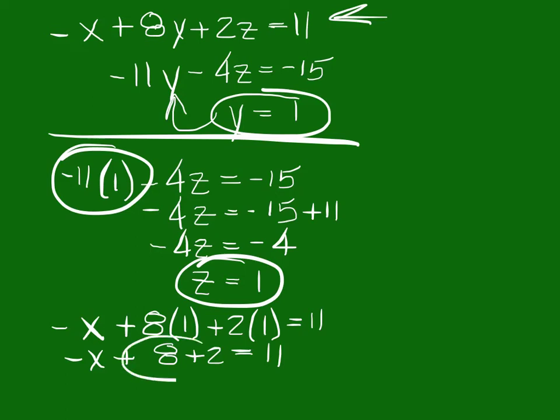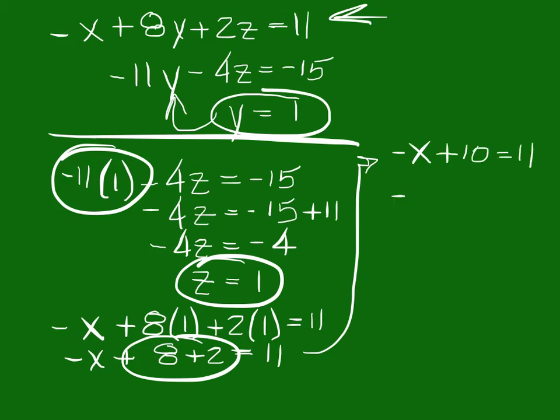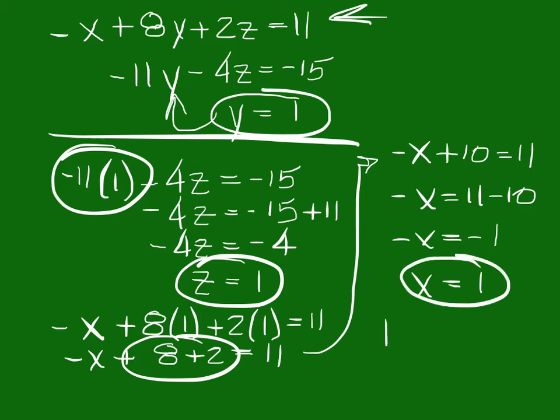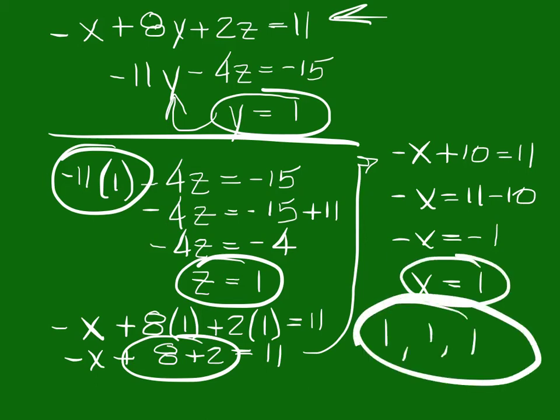And of course this 8 plus 2 is going to be a 10. So we'll come up here, negative x plus 10 equals 11. Negative x equals 11 minus 10, which is a negative 1, but since you have that negative sign on the x, it's going to change the sign of what's over on the right. So you end up with a 1. In this case, all answers were 1. 1, 1, 1 is the solution for that.